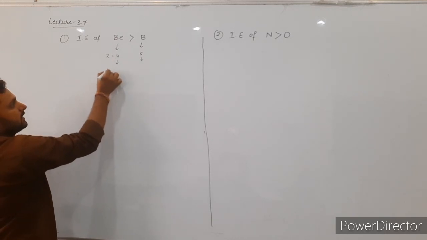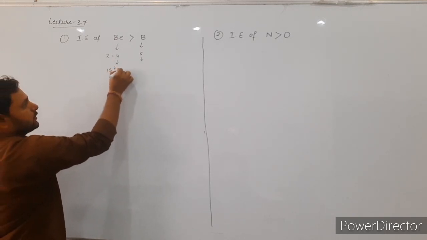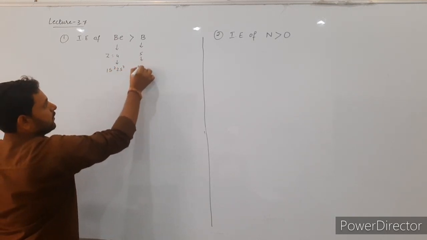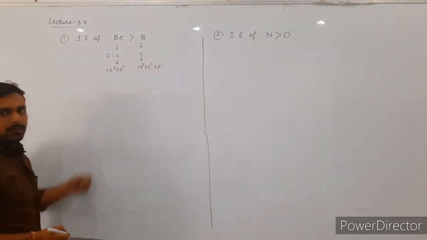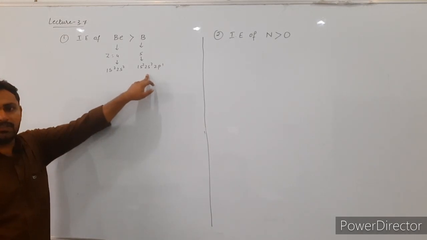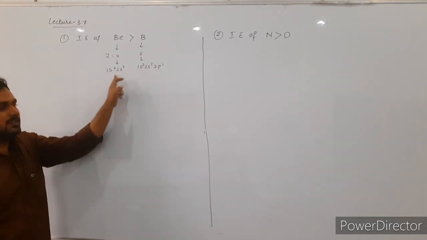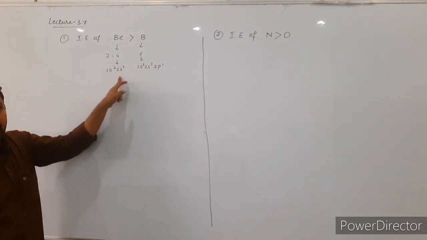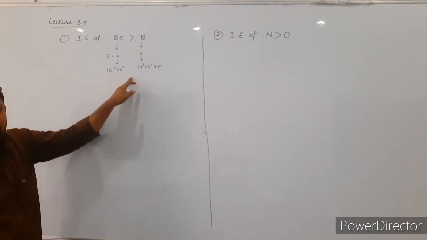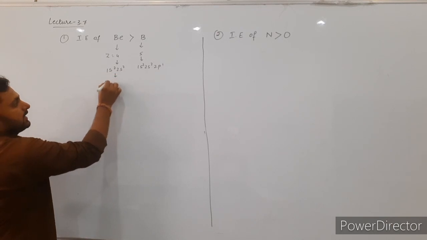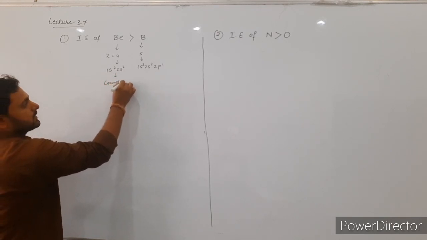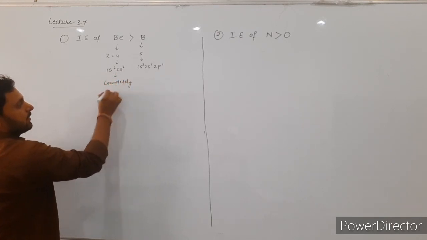For beryllium, the electronic configuration is 1s2, 2s2. For boron, 1s2, 2s2, 2p1. Now tell me, between these two electronic configurations, which is more stable? This one is more stable. Why? Because it is a completely filled electronic configuration.